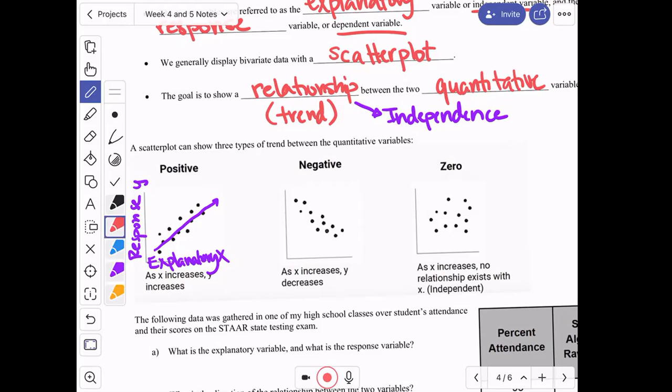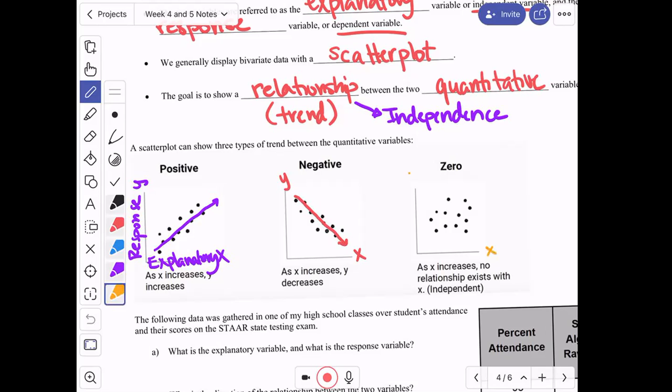Or you can increase x, and this time as x increases, y can decrease. As the x variable is increasing, the y variable is decreasing. Or the other thing that can happen is as your x increases, y has no particular trend that you can pick up on.